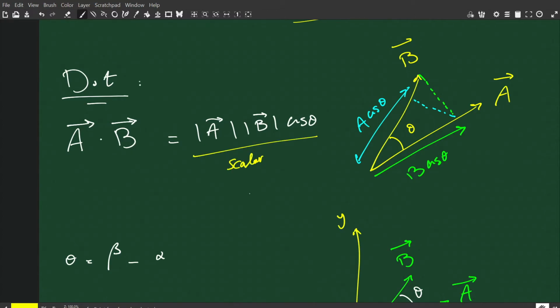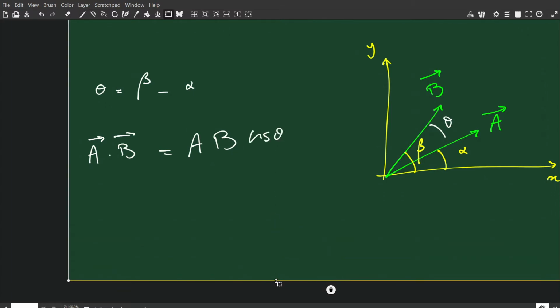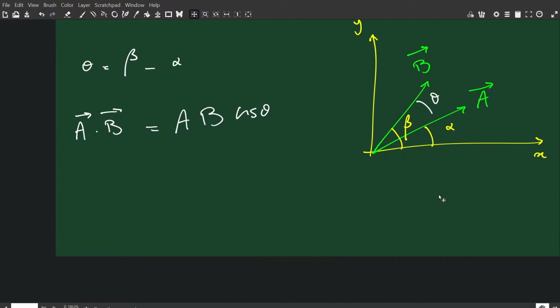A dot b is, assuming A as the magnitude of A and B as the magnitude of B, A B cosine of theta. So we can write theta as beta minus alpha.